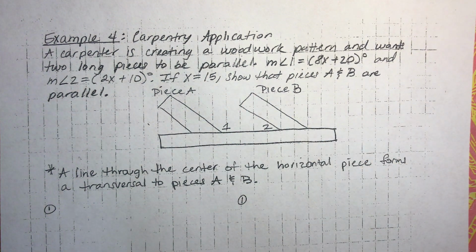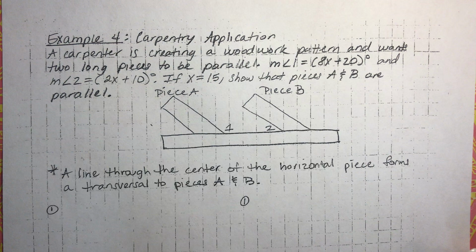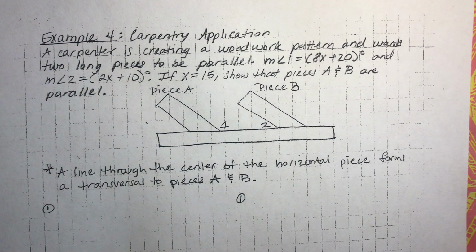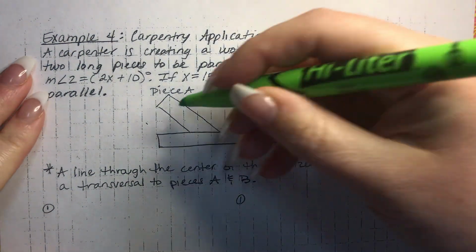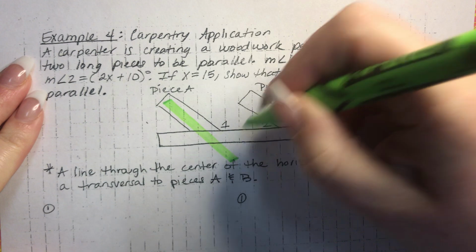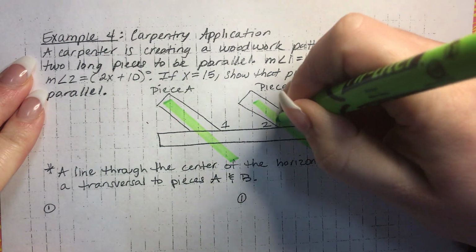Okay, so when we have something like this, what we need to understand is even though this doesn't look like what we've been doing, it is what we've been doing. So piece A and piece B, those are our 2 lines, and I can continue it like this, right?